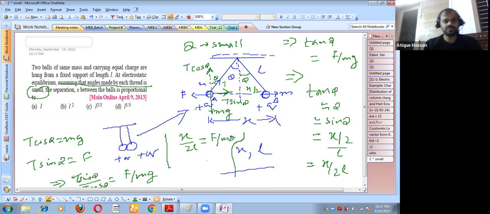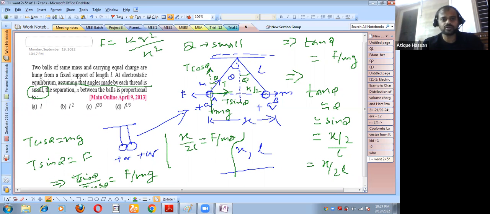And we also know the value of the Coulombic force. That will be equal to k, suppose the charges are q, so k q square by x square.